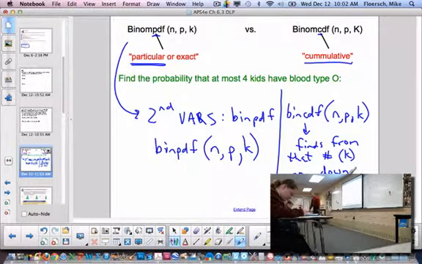Binomial CDF always finds from that number on down. So if I said 4 or less, you would do 4 or 3 or 2 or 1 or 0. It'll do 4 on down for you in a split second. And you'll have your answer, so you don't have to keep adding up.